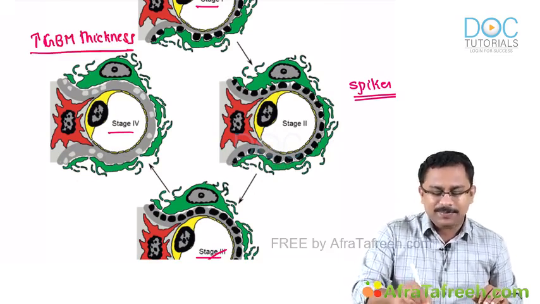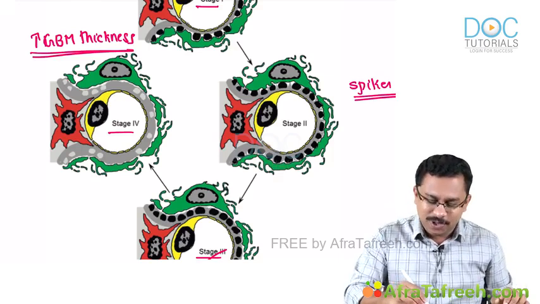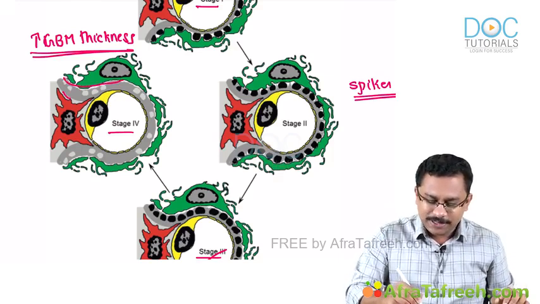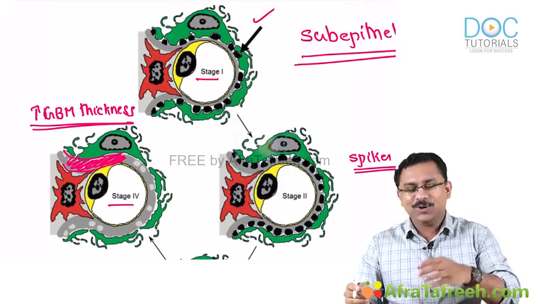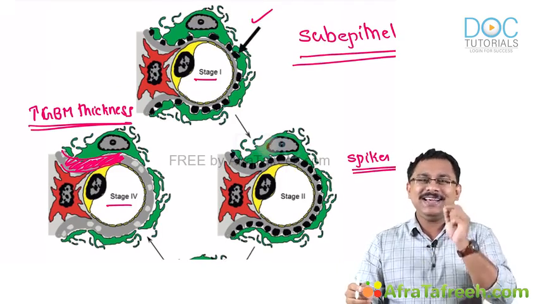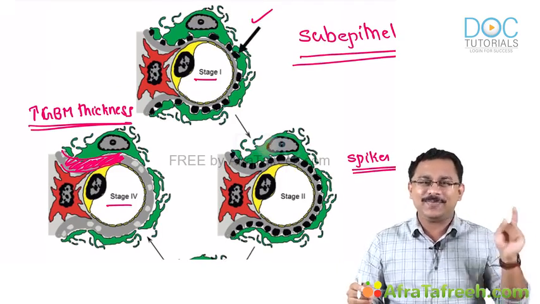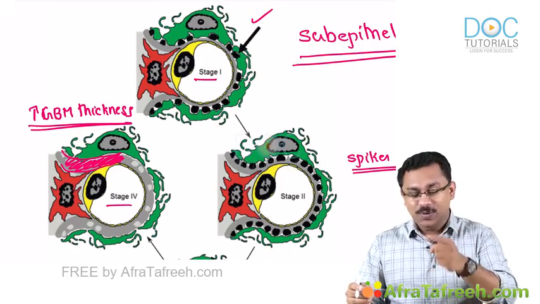The GBM has become very, very thick. Are you able to see this? I want you to compare the thickness of the glomerular basement membrane in stage 1 versus stage 4.